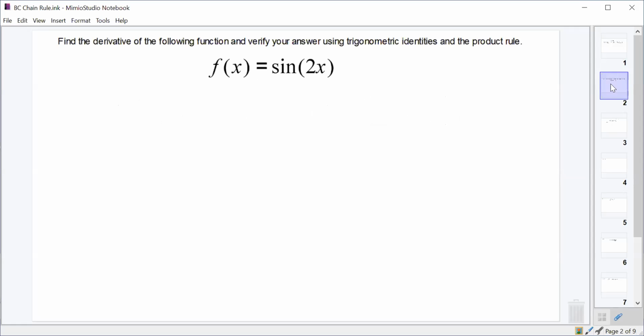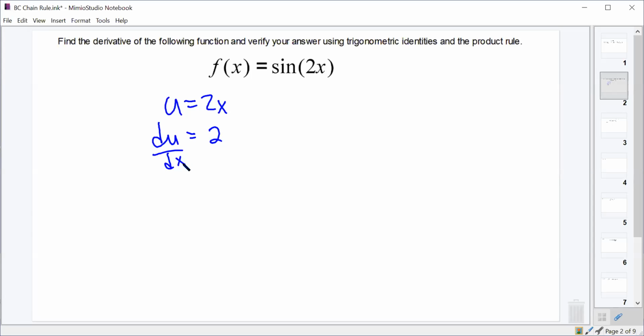So we'll real quickly use the chain rule on this, and then we'll also use the trig identity to show that they come out to be the same. So our substitution, which I'm only going to write out for today probably, and then from now on I won't write out the substitutions for the chain rule. I'll just expect you to be able to do them. We'll do the substitution where u is equal to 2x, and du dx is equal to 2.